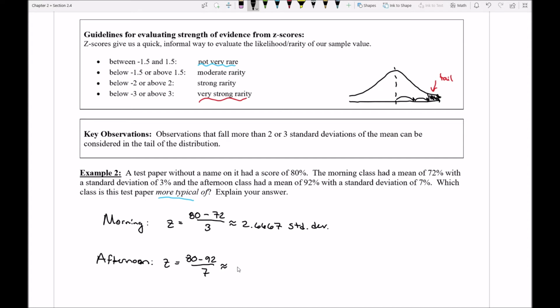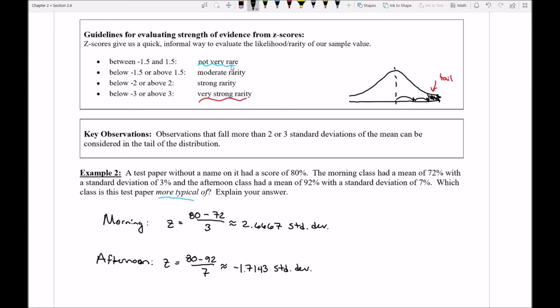Well, this is going to give me a value of negative 1.7143. And again, units on here are always standard deviations. That's always the units for z-scores. Now, when I look at this value, I can see that I'm in this moderate rarity range, right? I don't really have either of these values where this is not very rare at all.